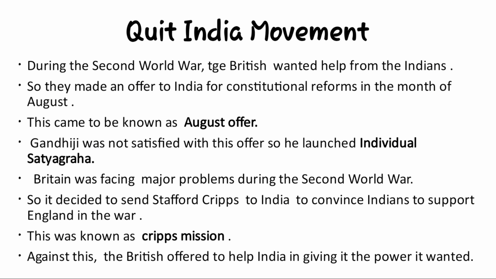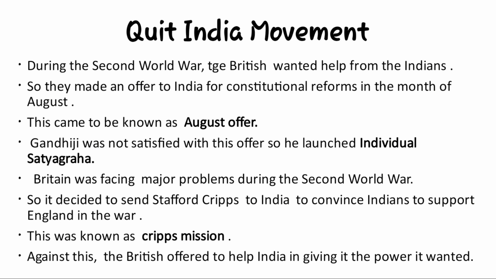Britain was facing major problems during the Second World War, so it decided to send Stafford Cripps to India to convince Indians to support England in the war. Britishers appointed Sir Stafford Cripps, and the main aim of Mr. Stafford Cripps was to convince Indians anyhow to get their support in the Second World War.